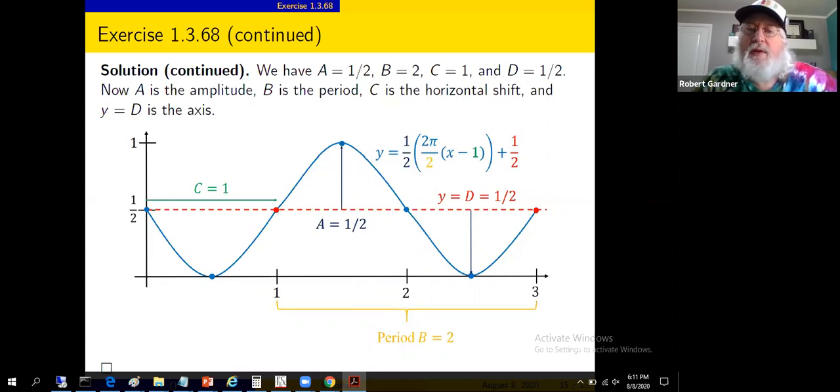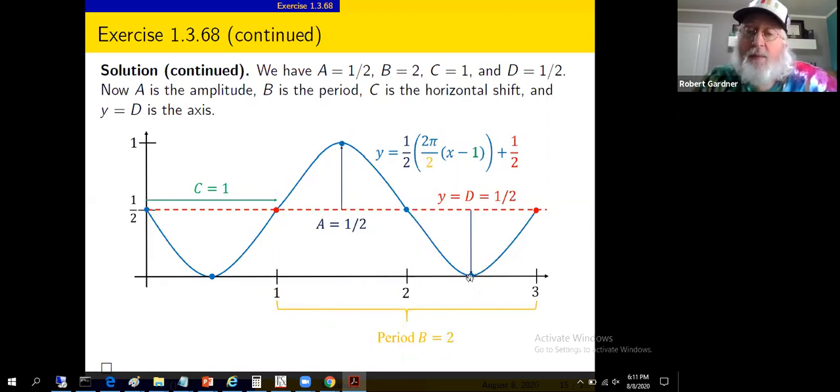And what was the period? The period is B, this thing here in orange is 2. So 2 units later, it'll finish. So I put a red dot at the beginning and the end. The period's 2. I labeled it. This was what I was complaining about in their picture. Labeled it as these 2 units here. So it starts here. It goes up, amplitude 1/2 units.